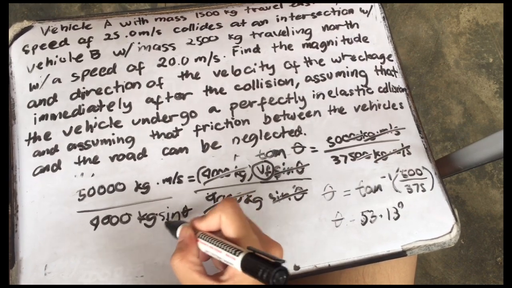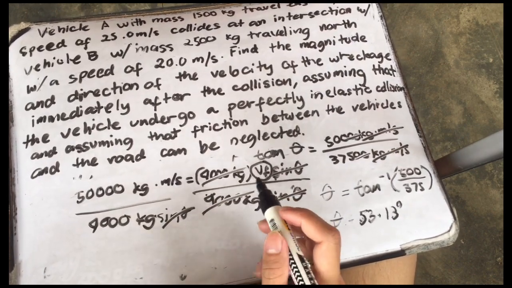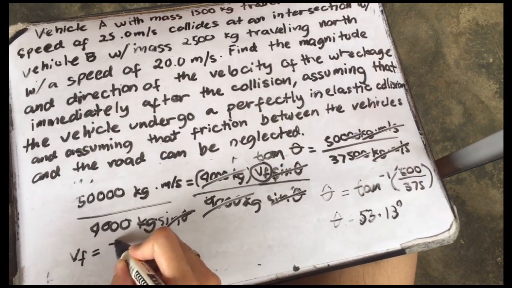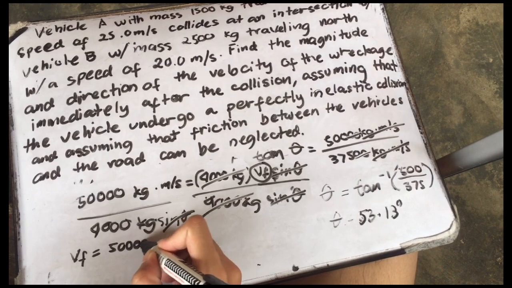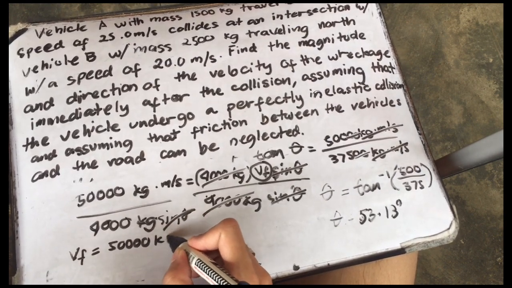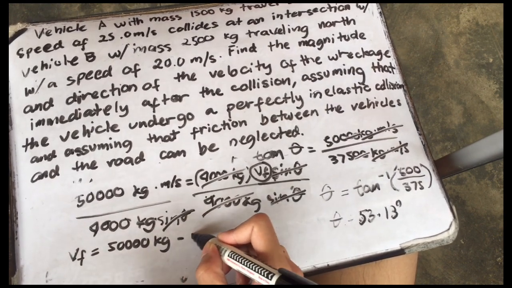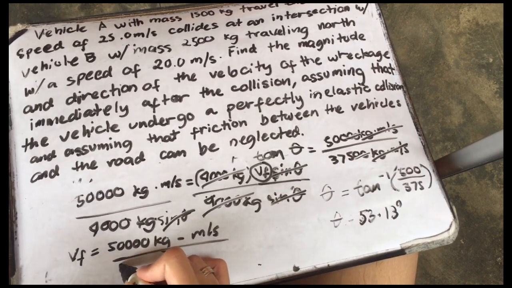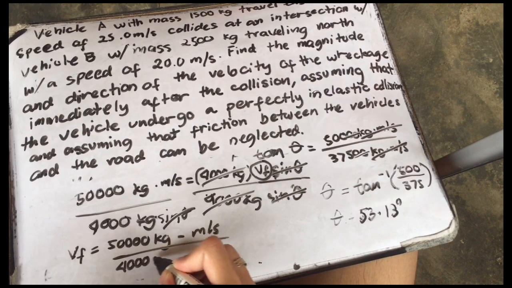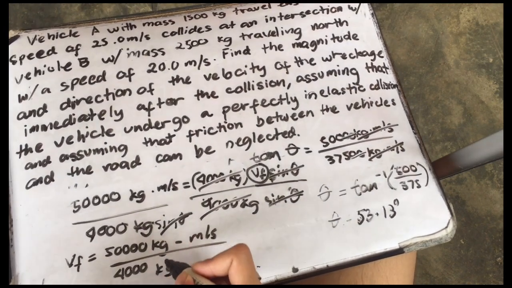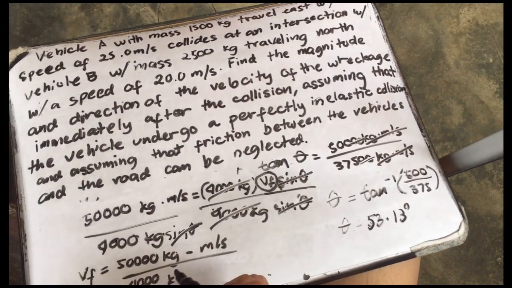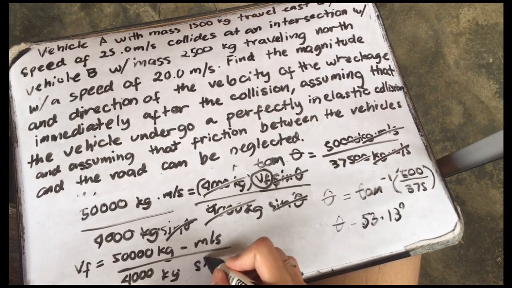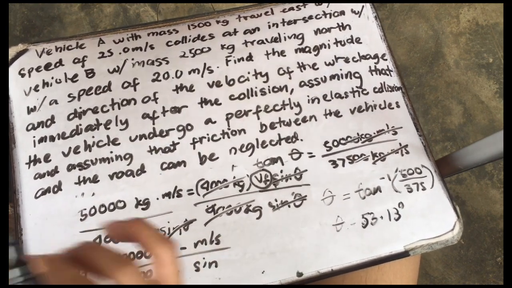So V sub final is equal to 50,000 kilogram meters per second over 4,000 kilogram times sin theta.